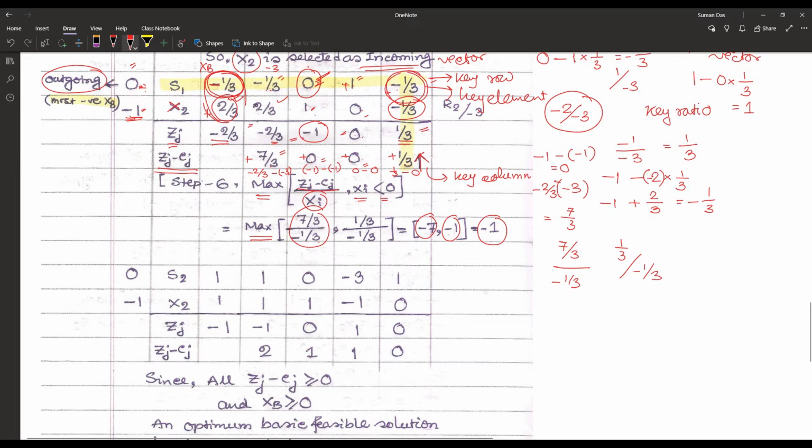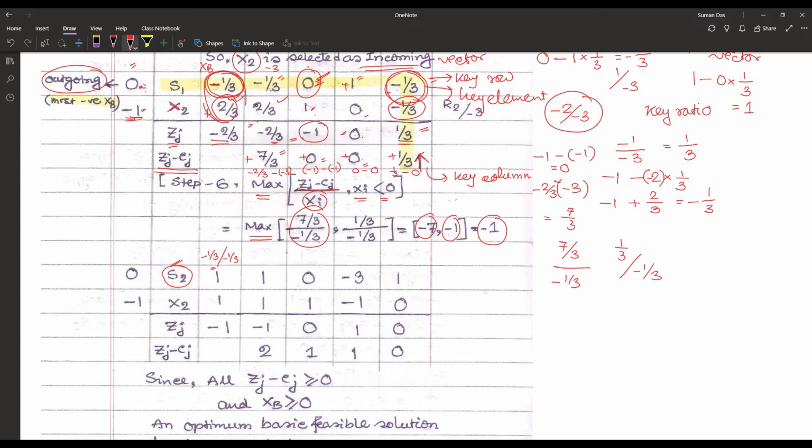The same thing happens here. As S2 is the incoming vector and S1 is the outgoing, we are replacing S1 with S2. Now that is our key row, that is our key element. So we have to divide each and every element in the key row by the key element. Minus 1 by 3 divided by minus 1 by 3, result is 1.